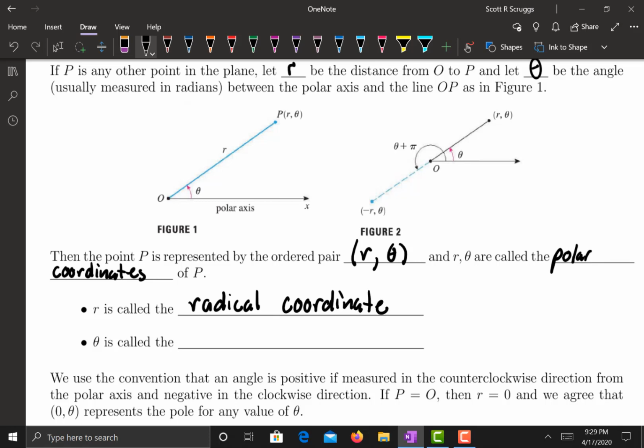Or in other words, the point is r units away, r distance away, from the pole. And the angle theta in polar coordinates is referred to as the angular coordinate. Now, mathematicians are not creative, so angular for an angle.